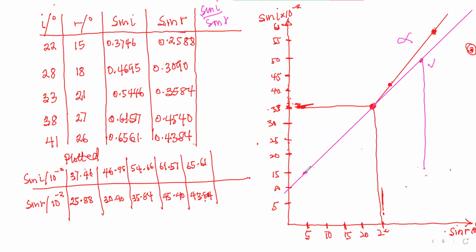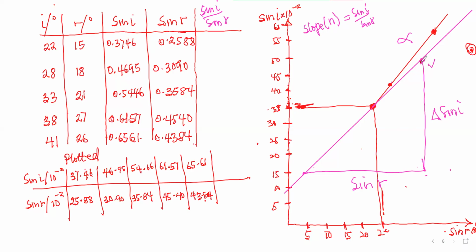Find the change in the vertical, change in sine I. Kingsley. So the slope of this, which is equal to the refractive index, must be sine I over sine R.